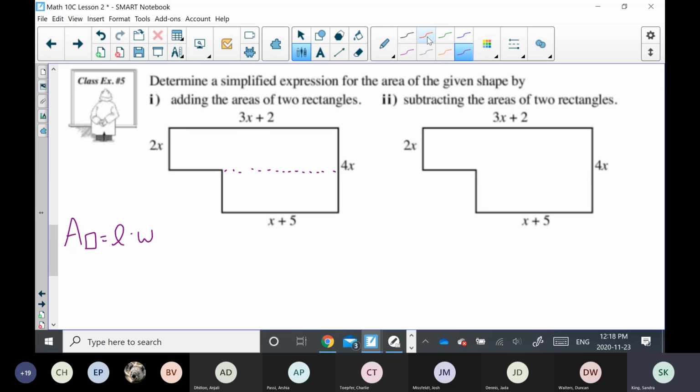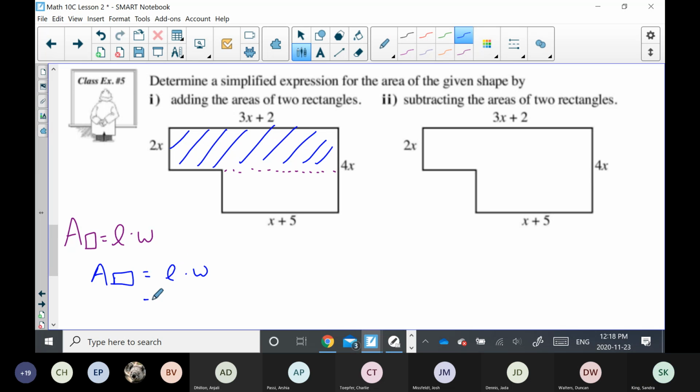2x. So let's do this one in blue. So if I was to do the area of this top rectangle, so the area of my blue rectangle is equal to length times width. It's equal to this times this. I always like writing my binomial first, followed by my monomial first, followed by my binomial.